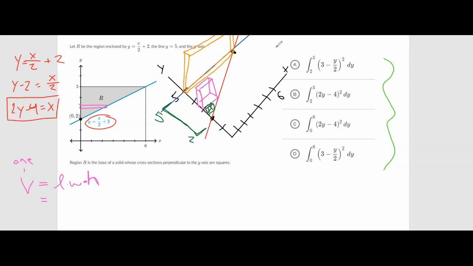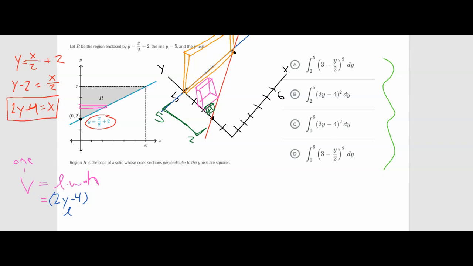So I'm just going to be subtracting 2y minus 4. It's essentially minus 0 because we're looking at the line x equals 0, but you don't have to write that. You could just leave it as 2y minus 4.